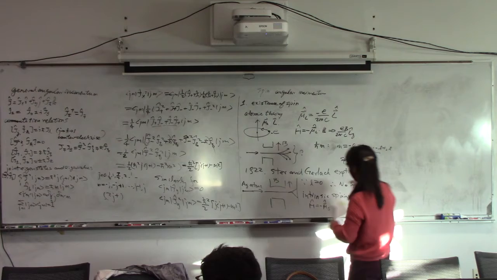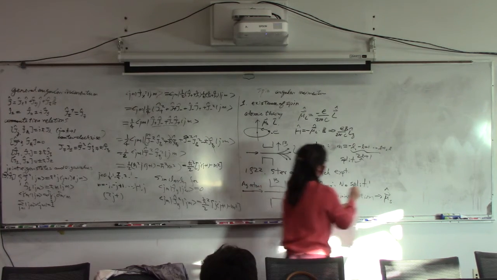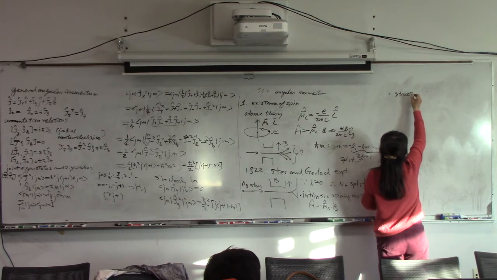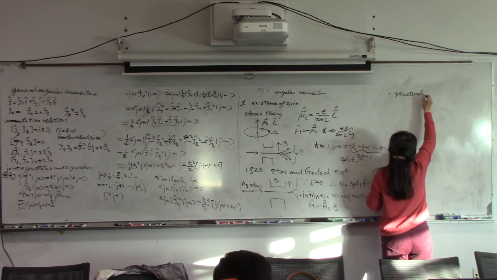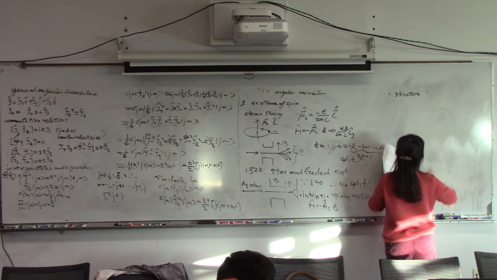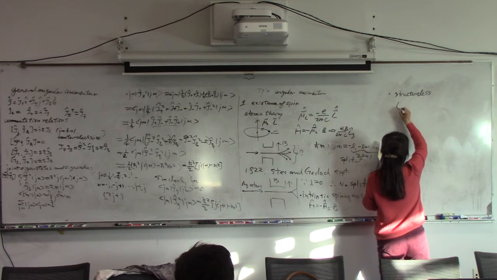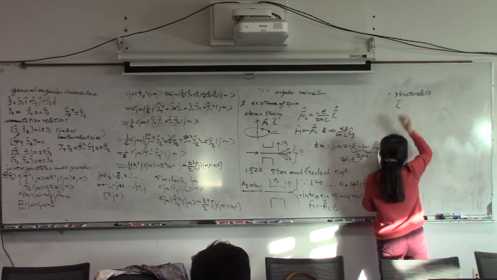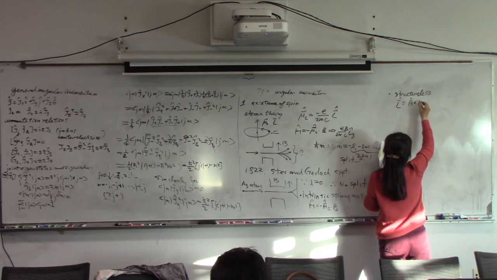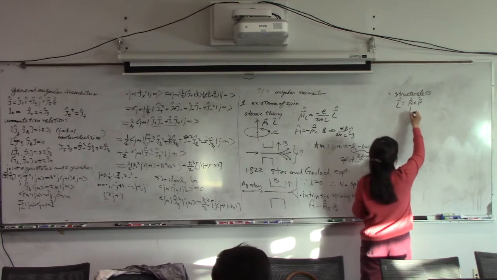And this is one of the features. For example, the orbital angular momentum we know we can write as R cross product P, right? So we have a structure here.